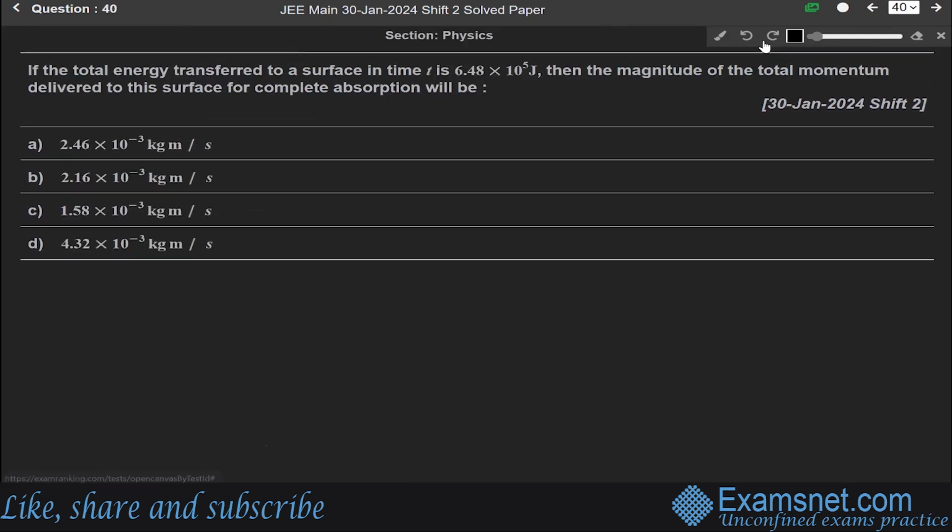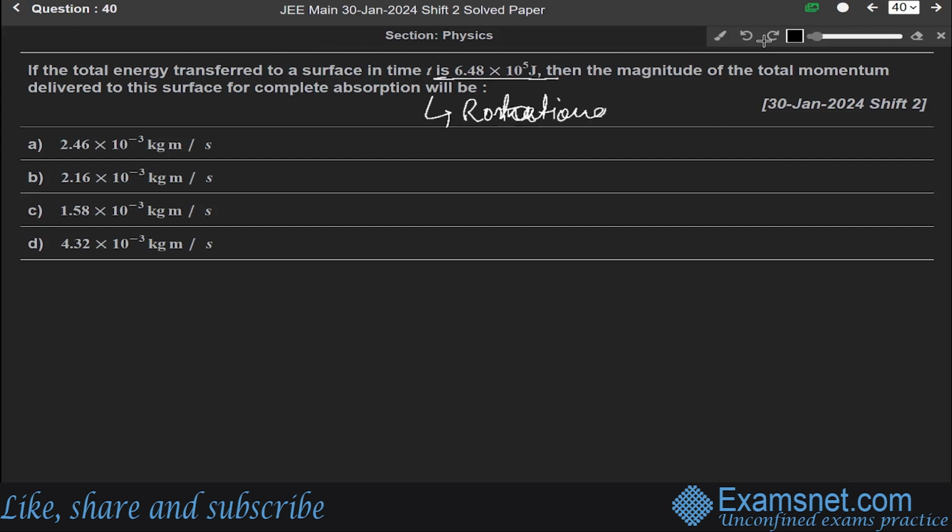Now next question, 40. If the total energy transferred to a surface in time t is 6.48 into 10 to the power 5 joule, then the magnitude of the total momentum delivered to this surface for complete absorption will be. So this question is from the rotational motion chapter.